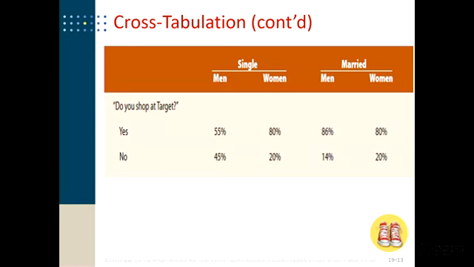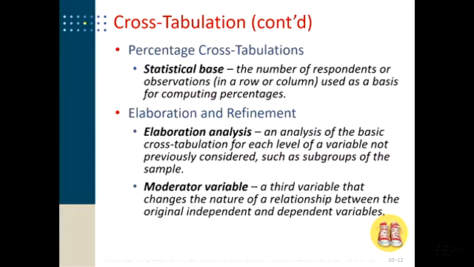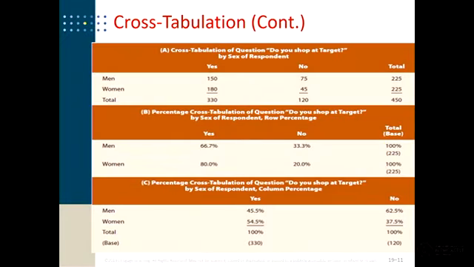At the same time, now you are introducing another new variable. What's that? The marital status. Now, do you find any additional information when we introduce this marital status? I show you once again that the initial information is 66.7% of men said yes and 33% said no, 80% of women said yes, 20% said no. That's the overall result.